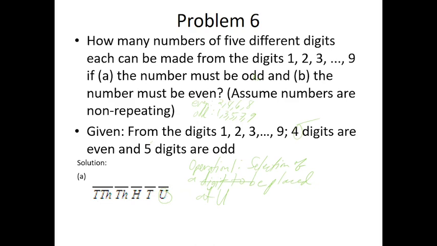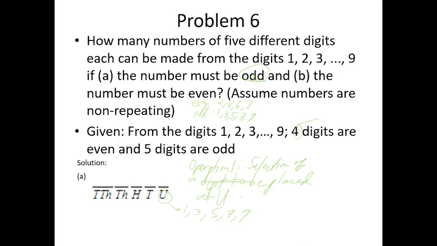Okay. How many ways can it be performed? Operation 1. Since in the problem, letter A, the number must be odd. And if it is odd, this could only be any of the 5 digits. It could be 1, 3, 5, 7, and 9.